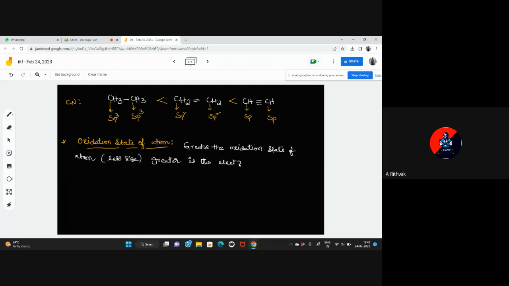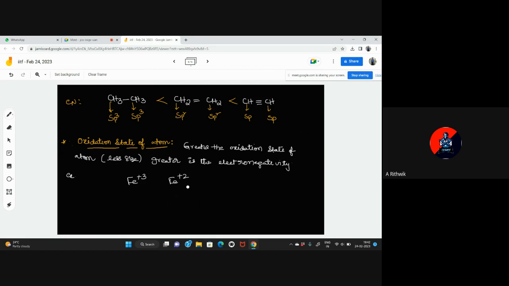For example, if I take iron plus 3 and iron plus 2, which has the higher size? Iron plus 2 is greater in size, because one extra electron is there.